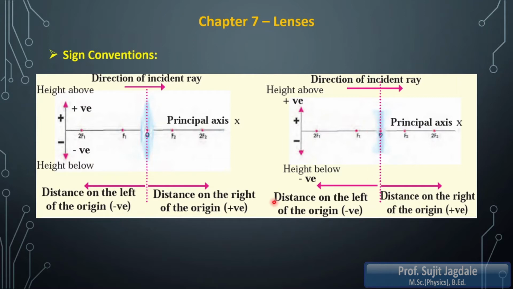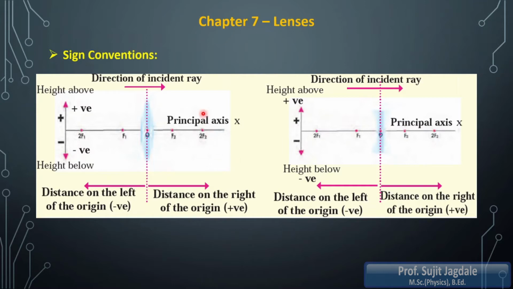Now, the basic sign convention is that while drawing the ray diagram, the incident ray is always shown from left to the right. That means its direction is always towards the right side.